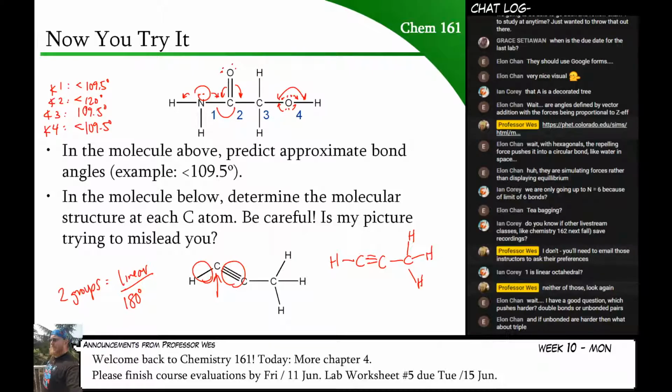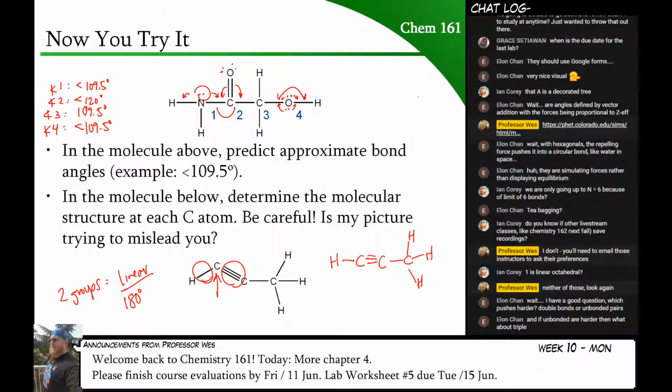But I actually don't know the answer to that. My best guess is that non-bonded should be the ones that win. Although when you get to triple bonds and stuff, that gets a little bit more complicated.